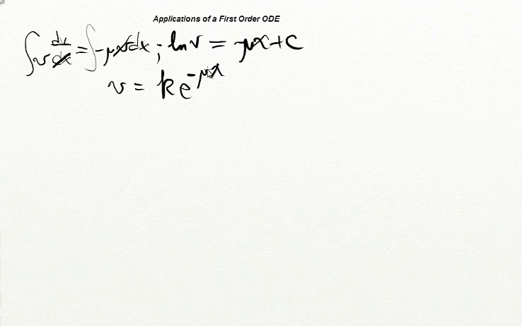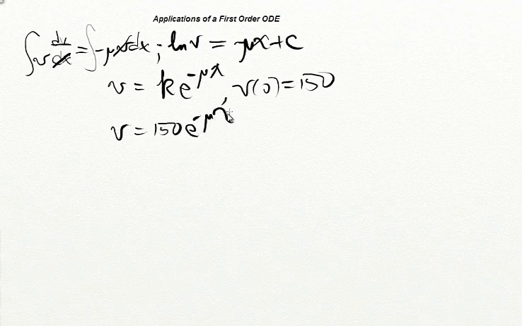K is e to the c. So there's the solution, and now let's use the initial value. V of 0 is 150 miles per hour, and so k is 150. So now we have the equation v is 150 e to the minus mu x.